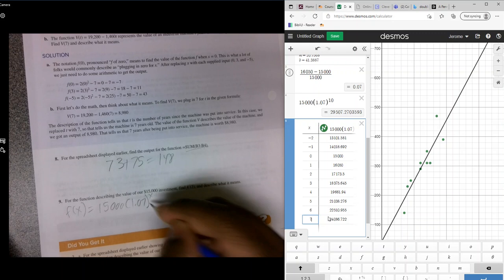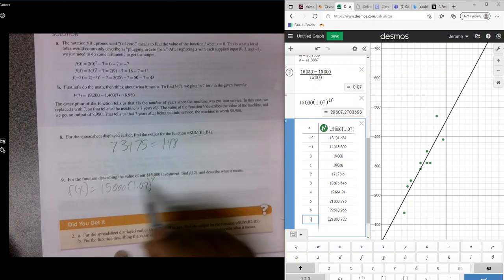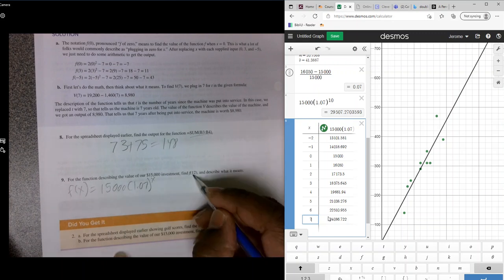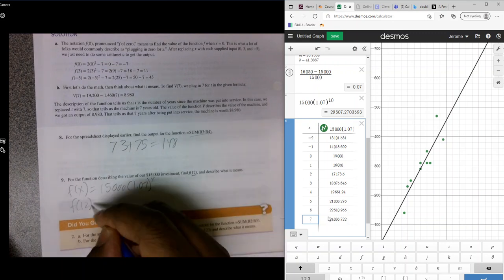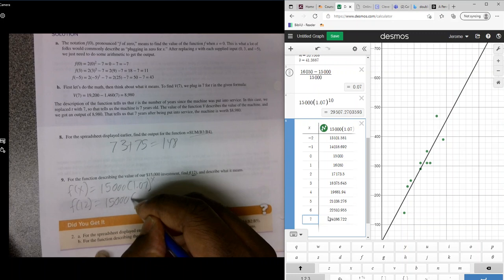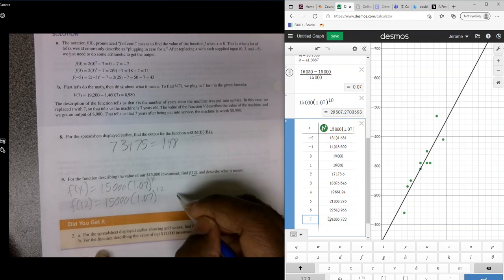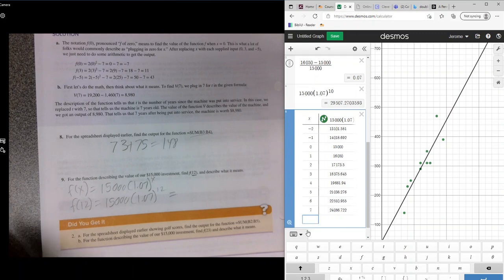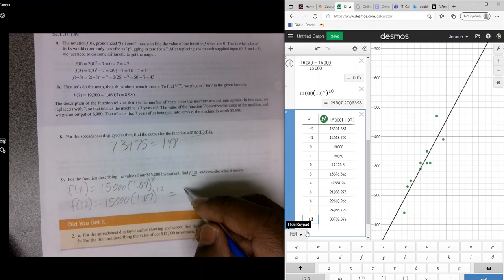So this would be f of 12 is equal to 15,000 times 1.07 to the 12th power. Now we already have this equation set up in our Desmos. So what I could do is just type in 12 and it will give us our answer, which would be $33,782.87. Because remember, we only go 2 digits behind the decimal place.